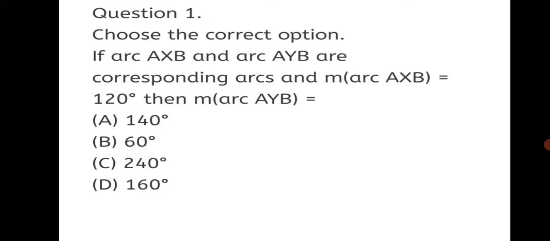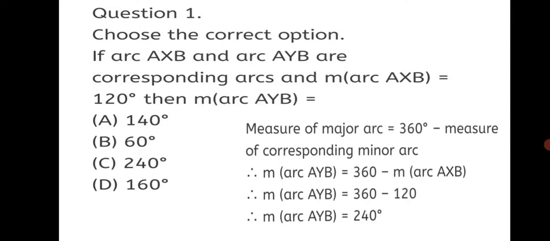How will you find the measurement of the other arc AYB? You have to first understand 120 degree means it is a minor arc. Less than 180 is minor arc. If you know the measurement of a minor arc, then the measurement of major arc will be 360 minus that minor arc. So let's have a look at the solution. Measure of the major arc is equal to 360 minus measure of corresponding minor arc.